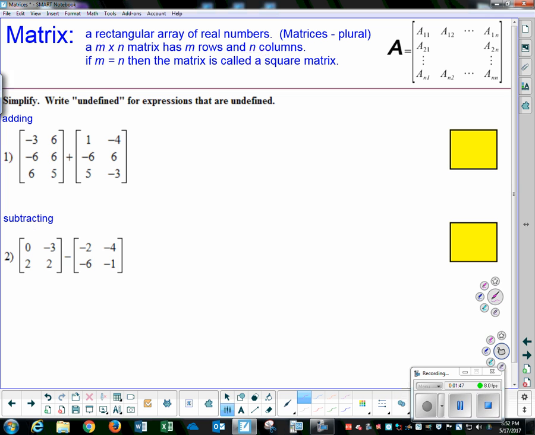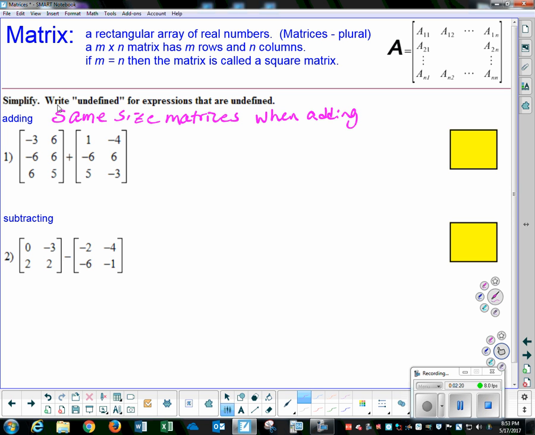I'm going to just pause here a minute because I got to align this board. All right, let's work on adding two matrices together. And you can get undefined. In order to add, you have to have the same size matrix or matrices when adding, because we're going to add like positions together.